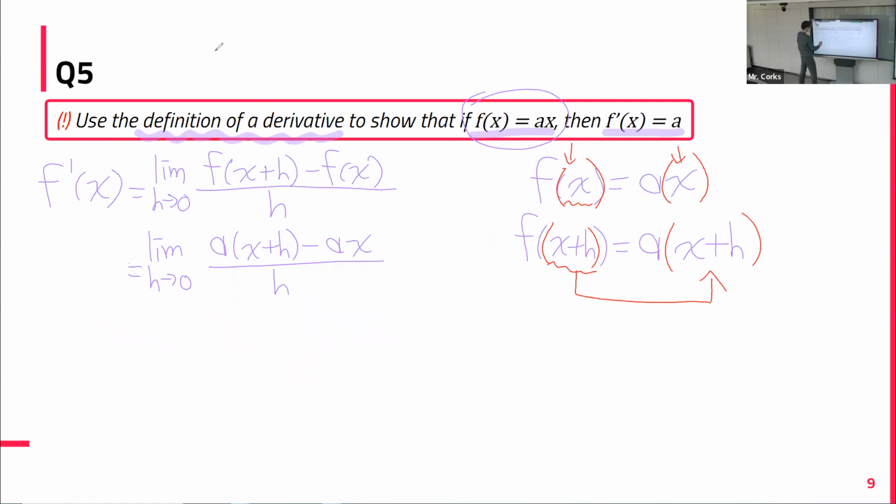In this case, it's really not that hard to do some rearranging and get rid of it. So what's the first thing we would do? We'll expand, open up these brackets. We'll have ax plus ah minus ax over h.